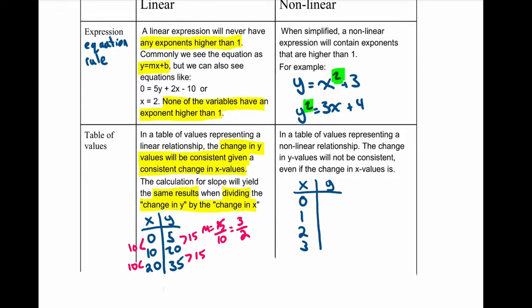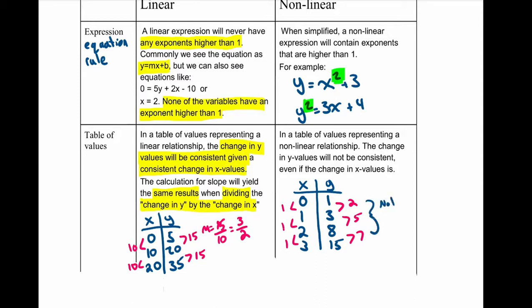The change in y, for example, may be something like 1, 3, 8, 15. So I already know the change in x is always increasing by 1. The change in y, in this case, is increasing by 2, then we increase by 5, then we increase by 7.